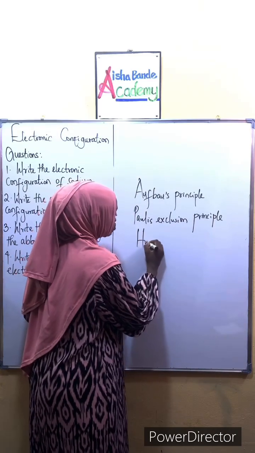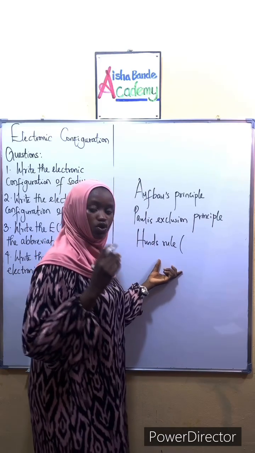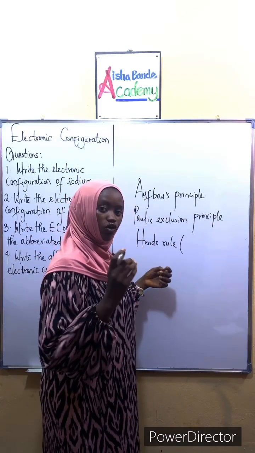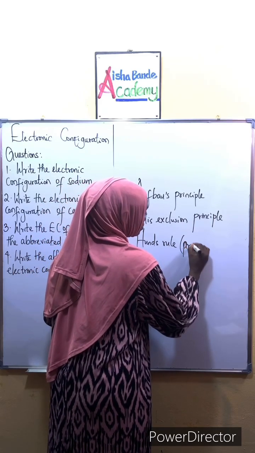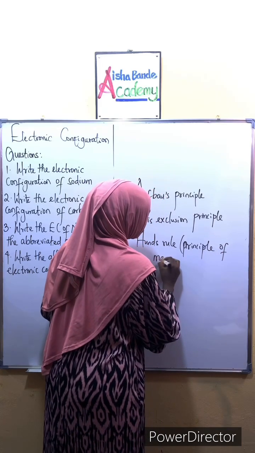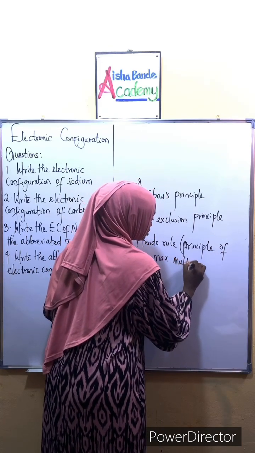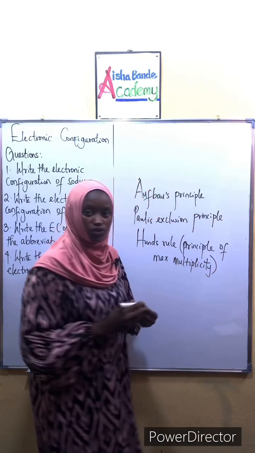And Hund's rule has another name. You can call it Hund's rule or the principle of maximum multiplicity. So this is another name for the Hund's rule, okay?